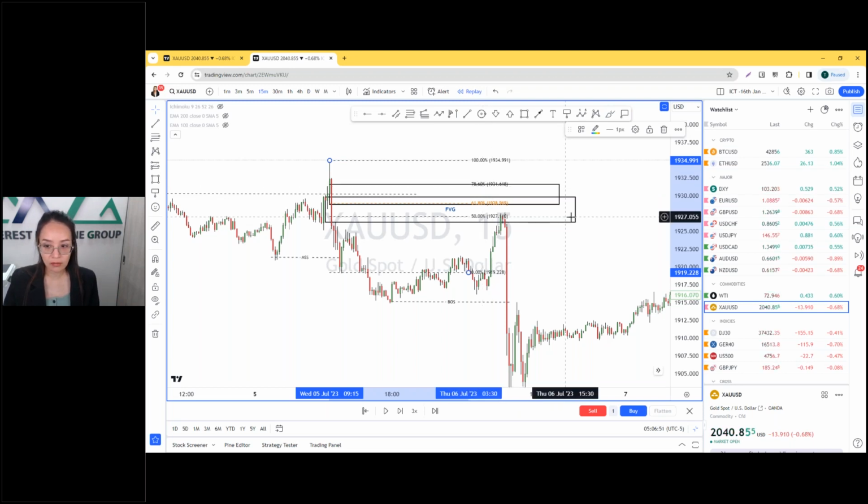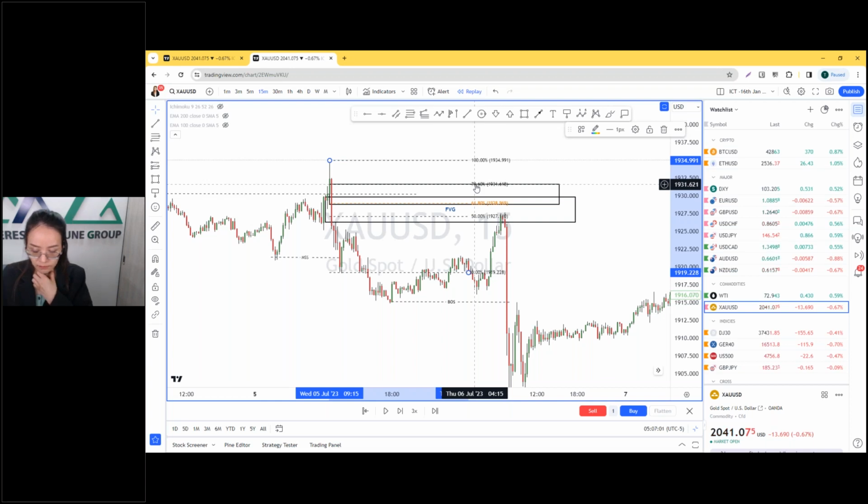We will sell at the premium zone, which is 50 and above to 78.6. And then you're going to buy at the discount zone, which is whatever below 50%. So in this case, I use discount and premium zone combined with ICT strategy.